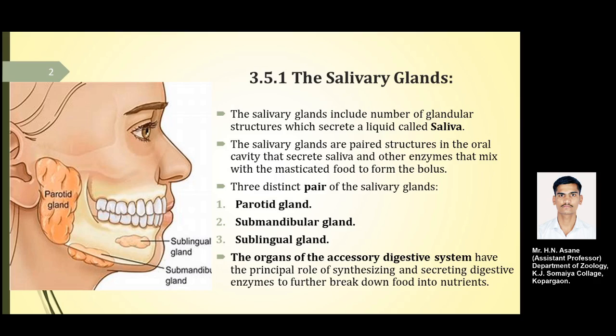The organs of the accessory digestive system have the principal role of synthesizing and secreting digestive enzymes to further break down food into nutrients. The secretions of these three glands are necessary for the further breakdown of food into nutrients, when complex chains are broken down into amino acids.